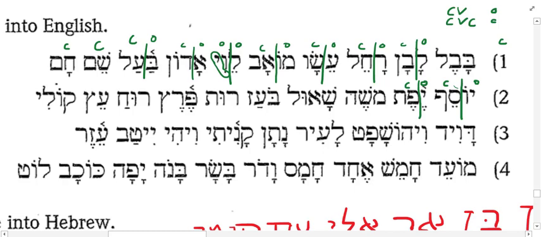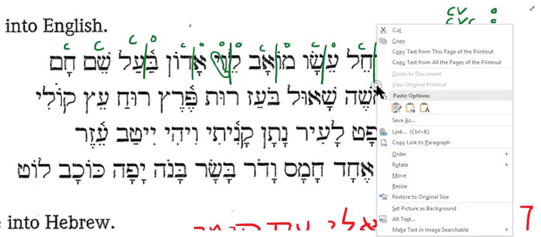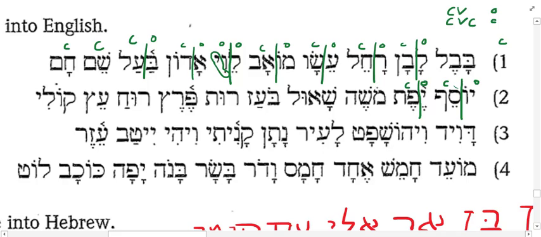Now over here with Moshe, because I have a single dot doing double duty, I'm going to go ahead and put my second dot here so that I can divide between these two, because mem takes a holem, and then shin has to take the segol.